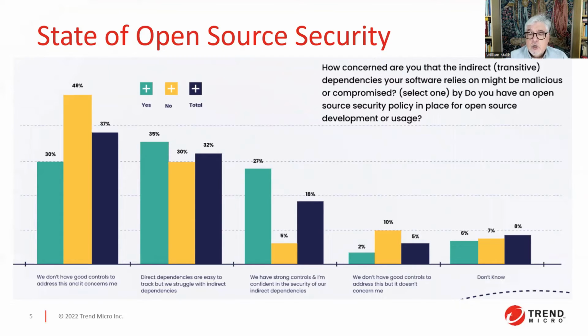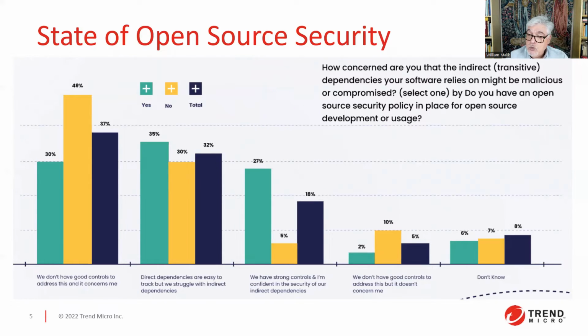Then you want to look at the green bars on the left in each column. If you answered no, you do not have an open source security policy in place, then you want to look at the yellow bars. If you want to see what the overall answer is, then the blue bars on the right will tell you what it is. But with one exception, the fact is that open source security is not in very good shape.